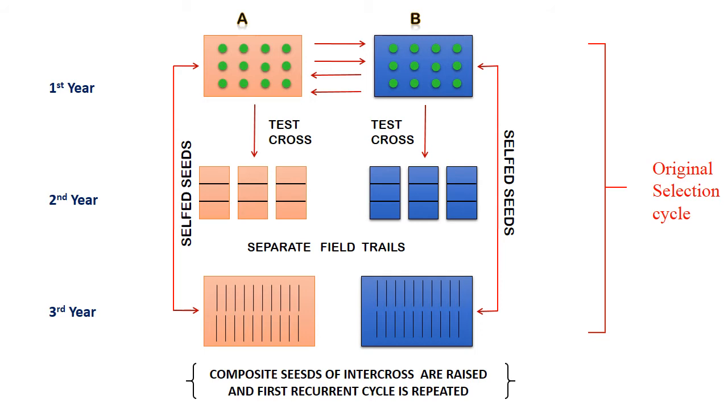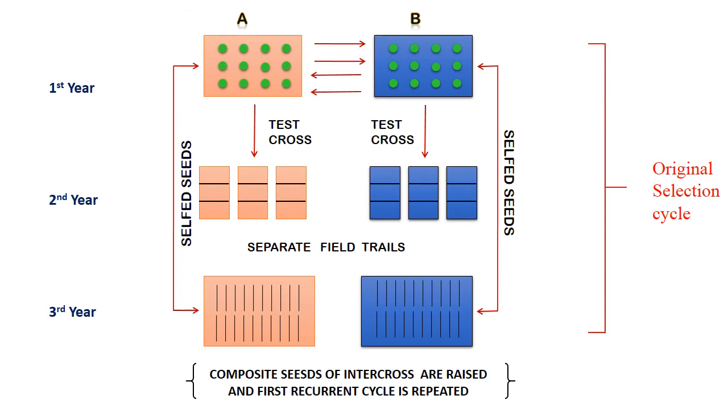In the second year, we will go for the test cross, meaning we will go for replicated trials of those seeds which we cross pollinated, which were used with the tester and the different populations.